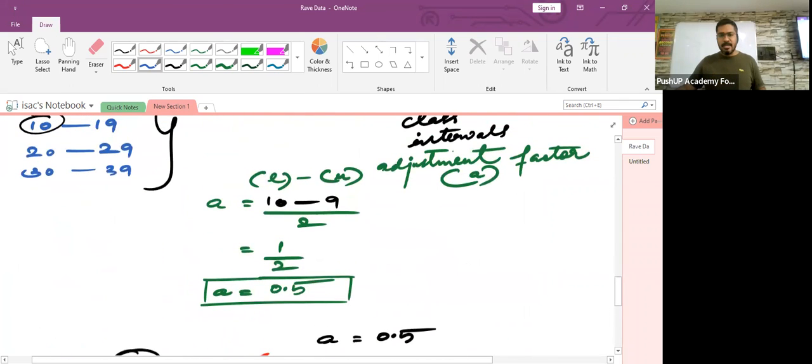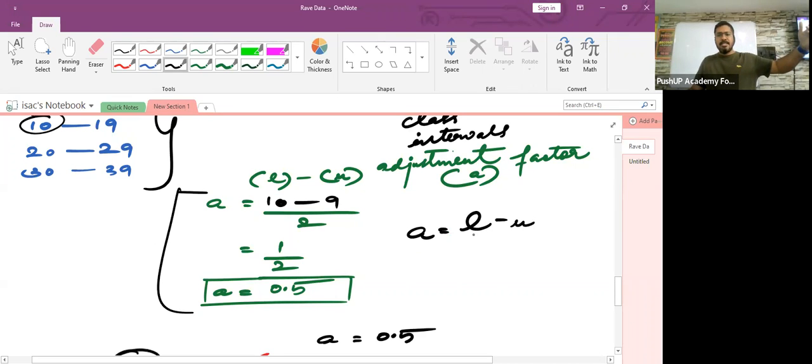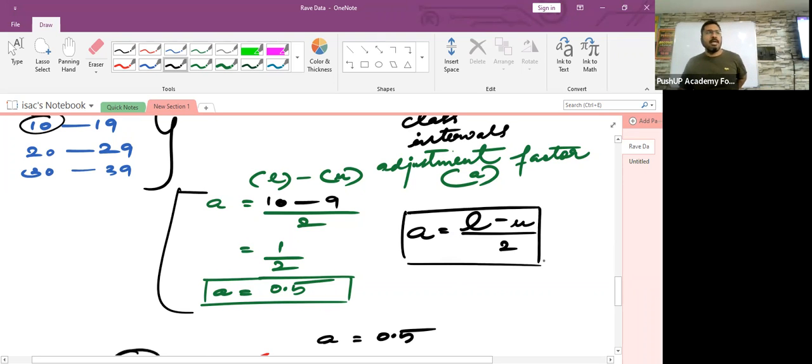So here, let me just teach you once again. I'll just rewind it. Adjustment factor is found by doing this. The lower limit of the second class interval minus the upper limit of the first class interval divided by 2. Can you please note it down? Adjustment factor is equal to L minus U whole divided by 2.